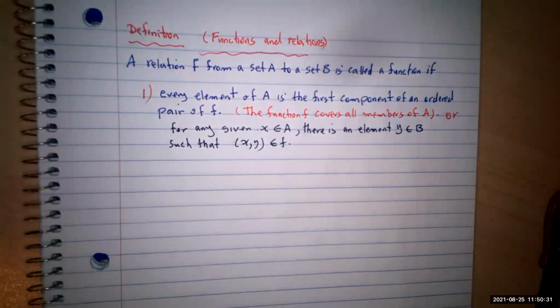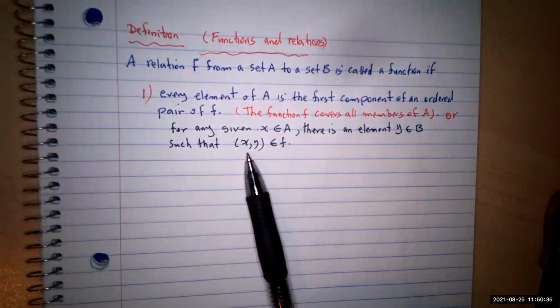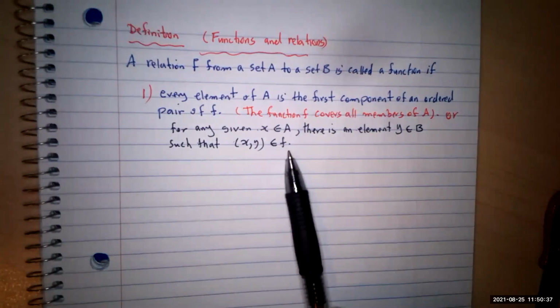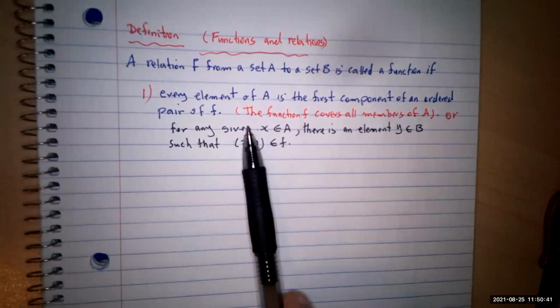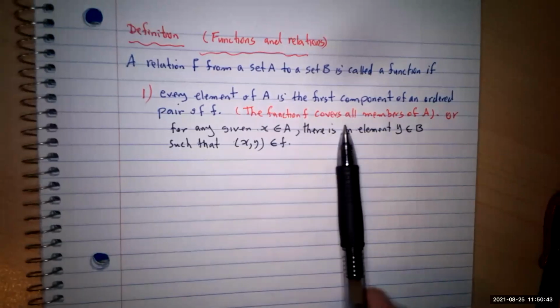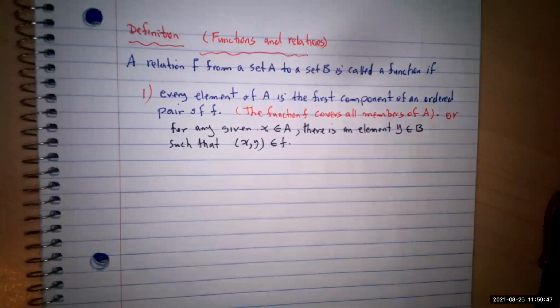So basically this means these members of the A must be the first component of the elements in the F, in your relation. Or basically the easiest way is F should cover all the members of the A.